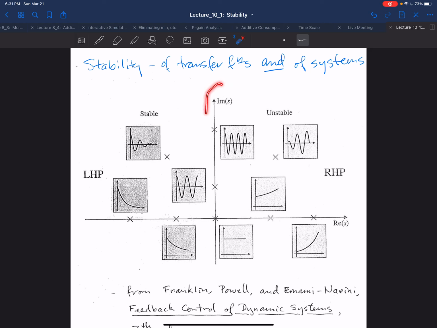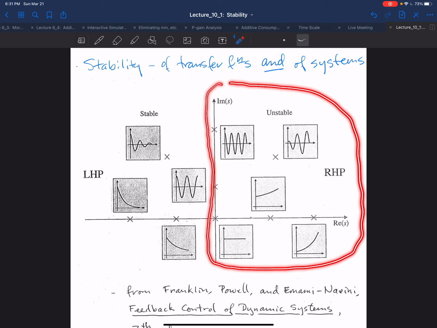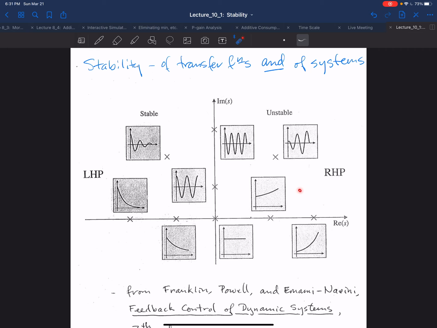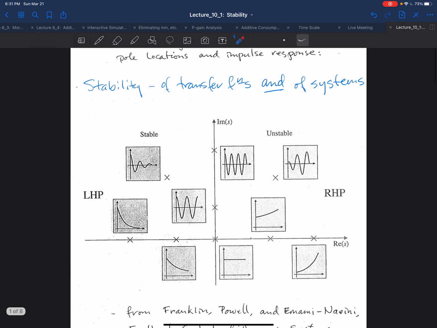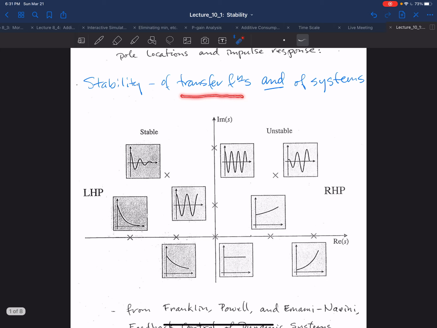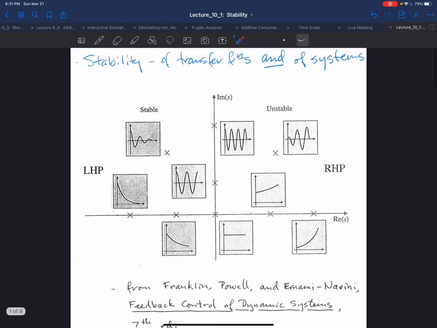That is not the case if the poles lie on the imaginary axis or to its right. If they're on the imaginary axis, you don't get any decay. If they're to the right of the imaginary axis, you get exponential growth. So, as I said, we're going to say, and this is the first kind of stability that we're talking about, that a transfer function is stable if all of its poles lie strictly to the left of the imaginary axis.